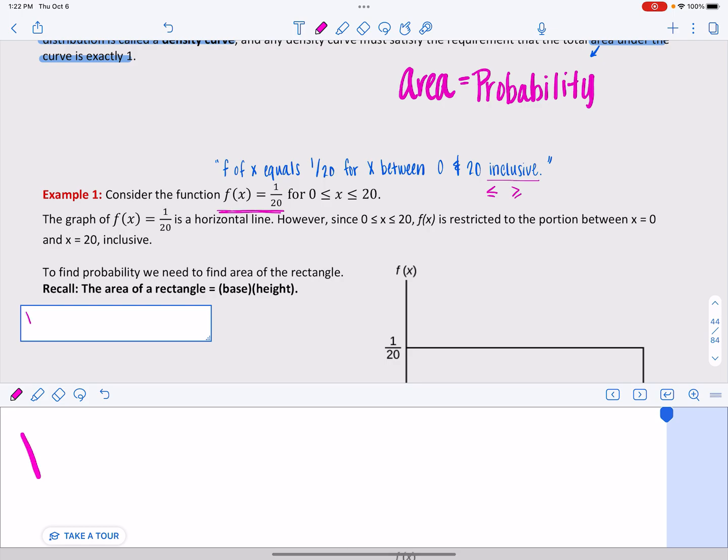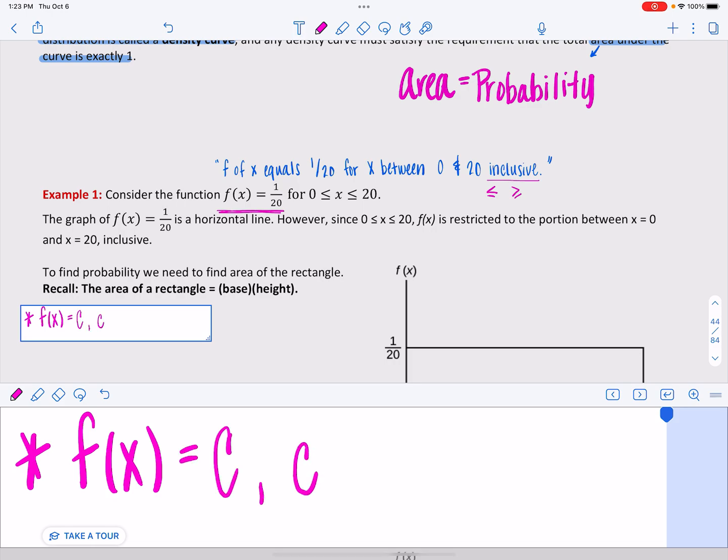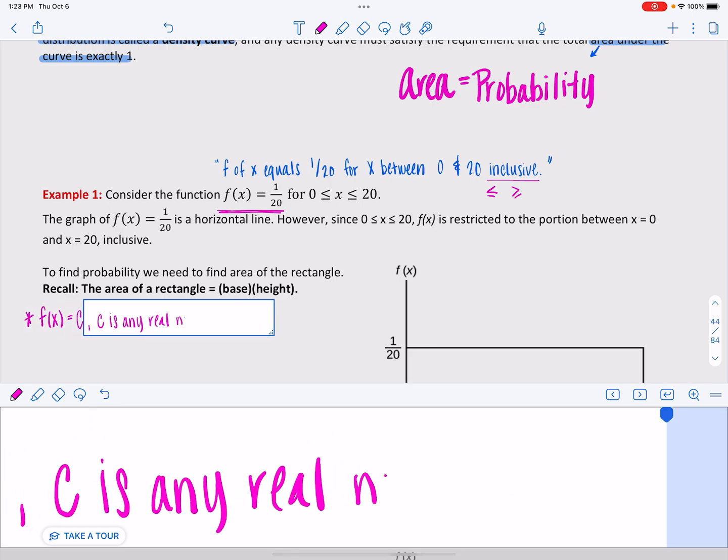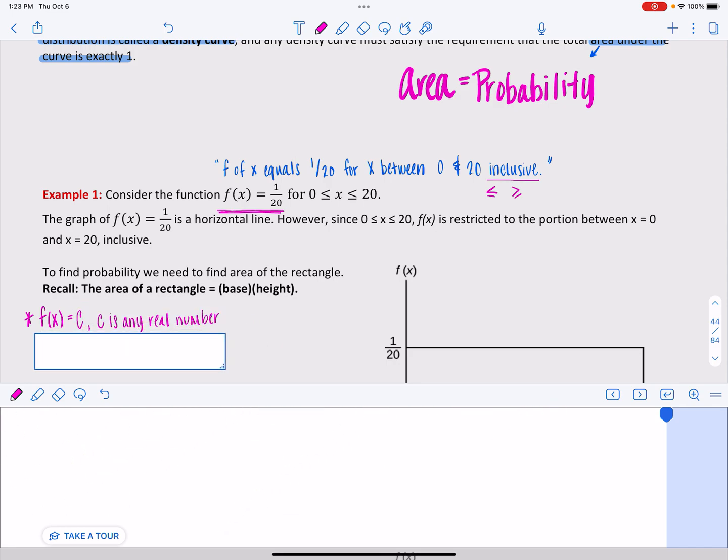Anytime you have a function that looks like f of x equals c, where c is any real number, this graph is always going to be a horizontal line.